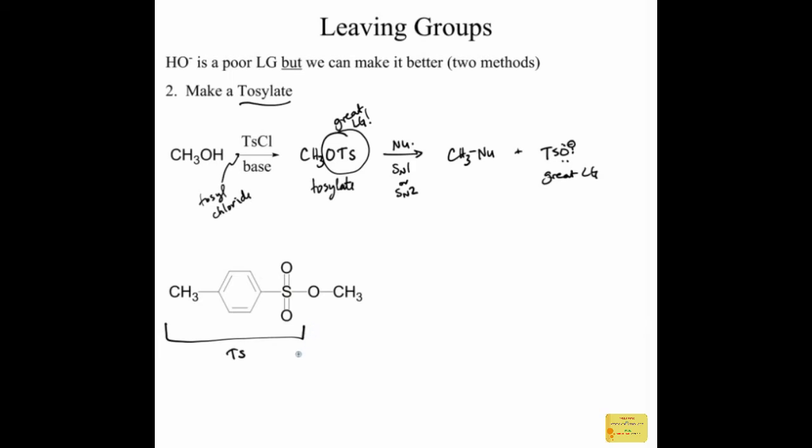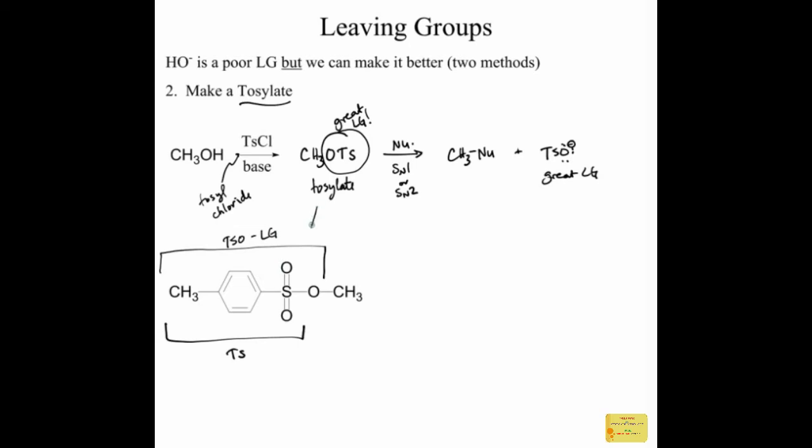Now that mechanism kind of looks like it might be an SN2, but it's not as simple a mechanism like that, so I'm not going to talk about the mechanism for that substitution. But what happens is you attach this tosyl group onto your oxygen, and that, with the oxygen, is what makes TsO the leaving group.